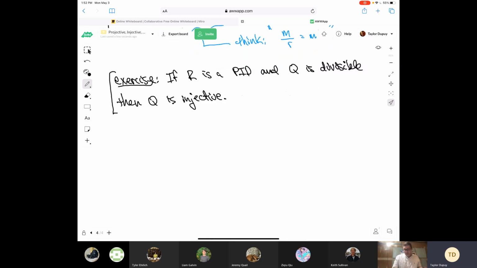So now we can write down a bunch of examples. Q as a Z module is divisible.